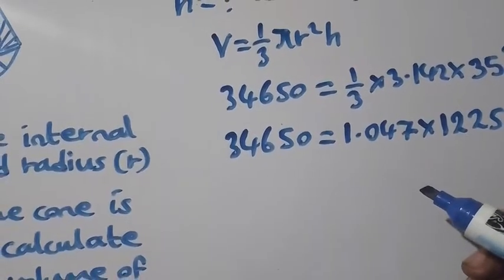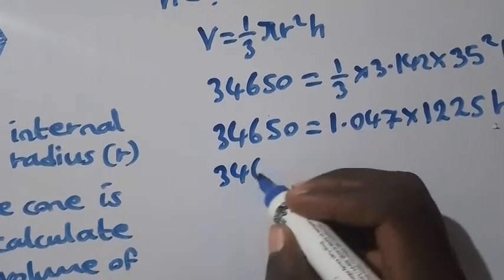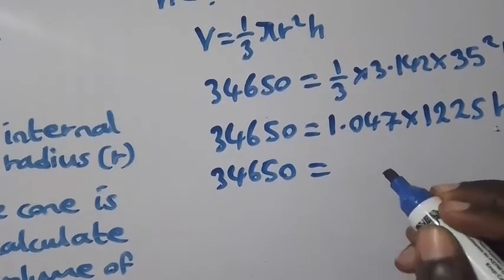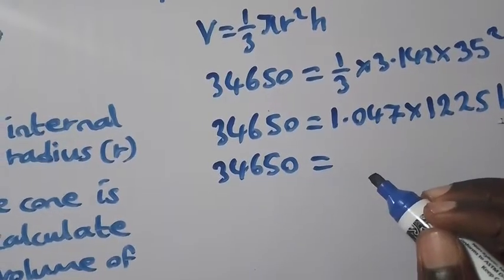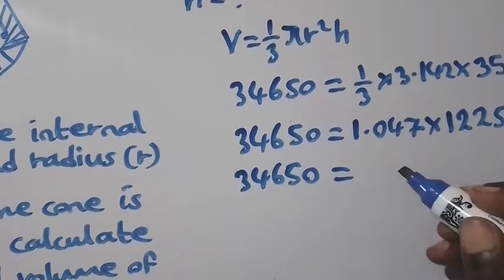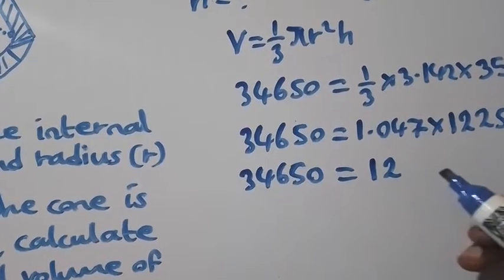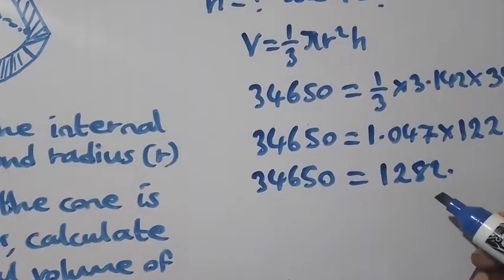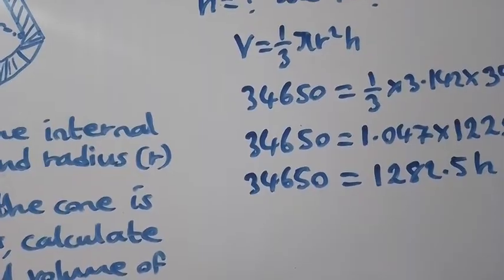So if we multiply the two figures, we are getting 1,282.5 h.